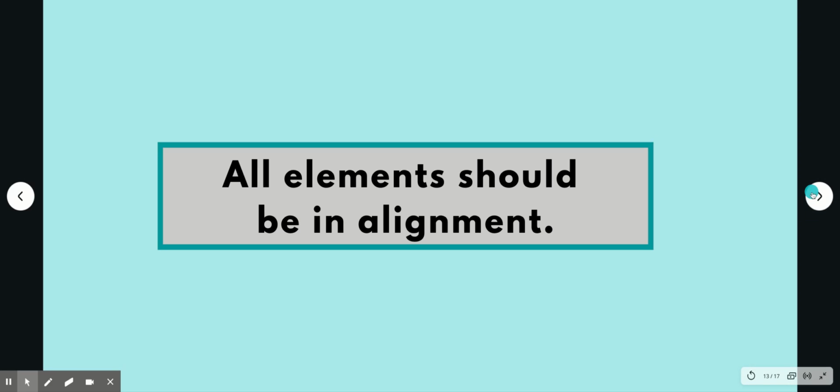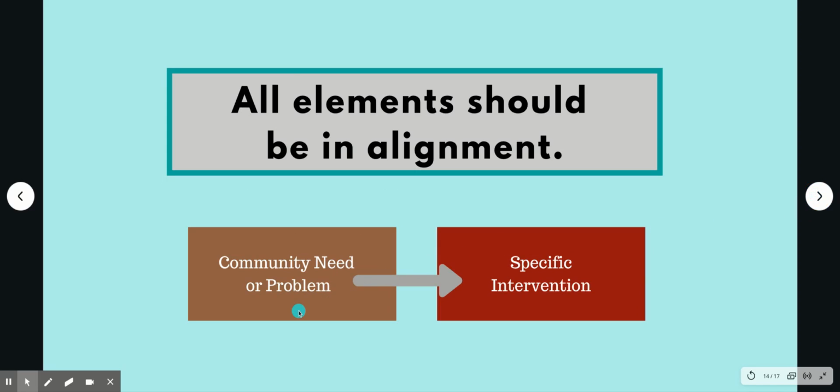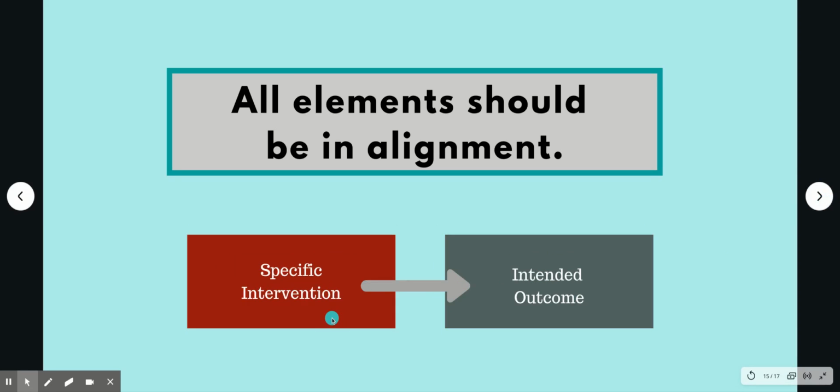So, let's take a look at this. The identified community need or problem to be addressed as documented by available data should be related to the intervention. So we should know that other programs in similar situations have used this intervention and been successful at achieving the intended outcomes.